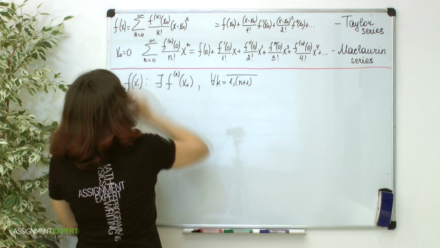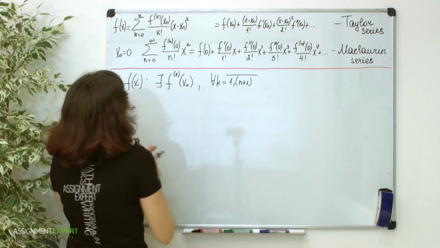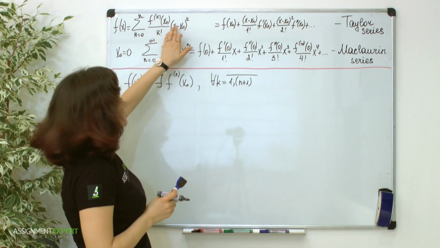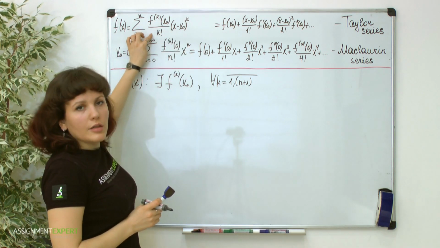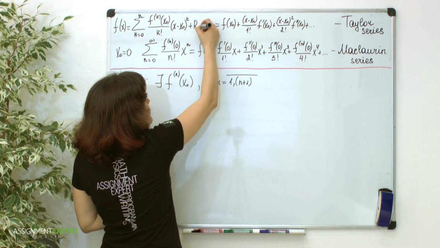F of x equals summing from 0 to n the kth derivative of f of x0 over k factorial times x minus x0 raised to the kth power plus some remainder term.